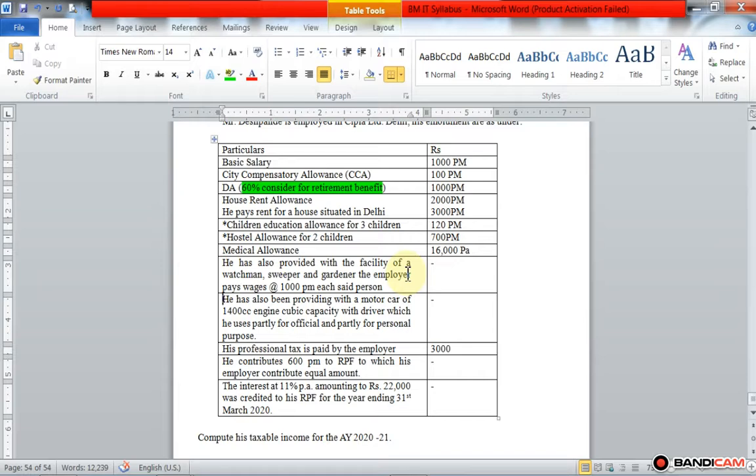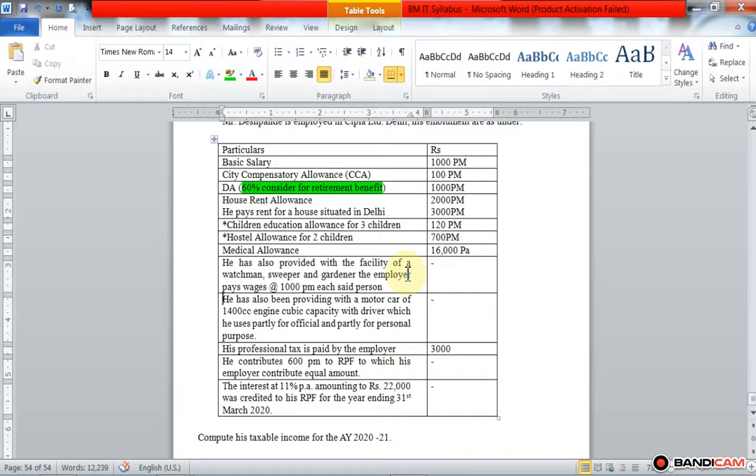Here we compute the valuation of the motor car facility, used for both official and private purpose, plus driver's salary.